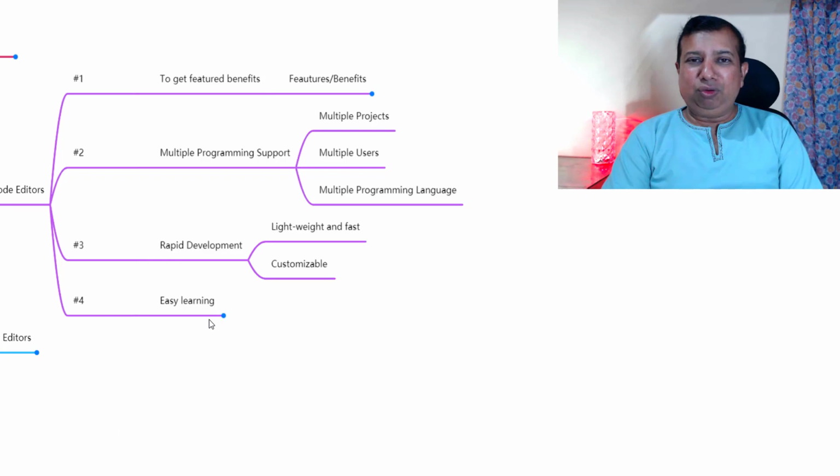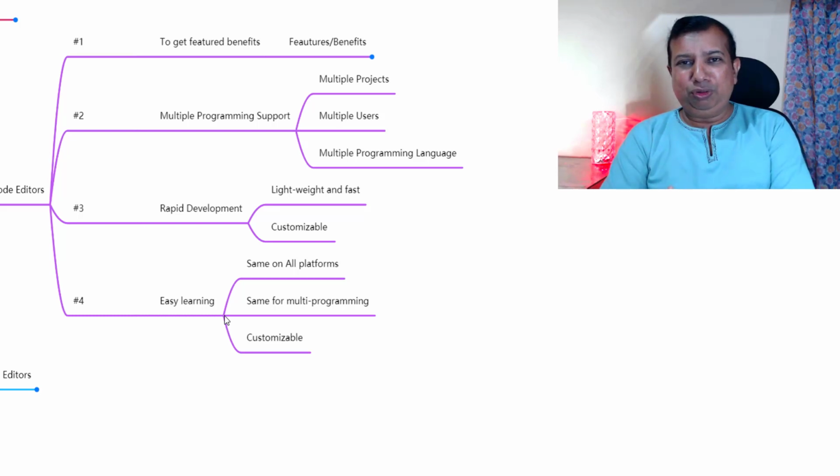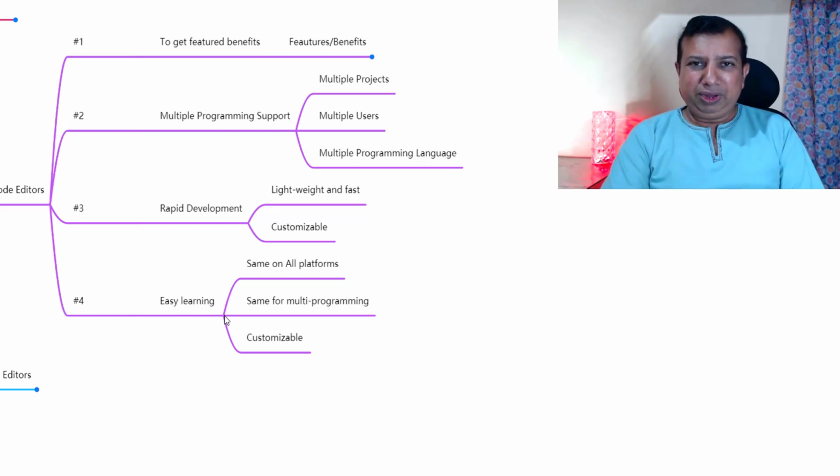And again, as we already discussed, because code editors are customizable, we can customize the same environment for multiple programming languages, and that's why learning becomes easy. Also, even if we are changing a platform, even if we are migrating from one operating system to another, the code editor will have the same features, same look, and same process, and that's why you don't need to learn a different environment when you are changing a platform.